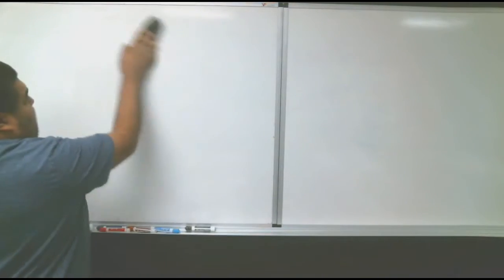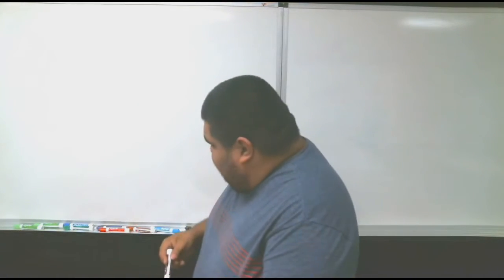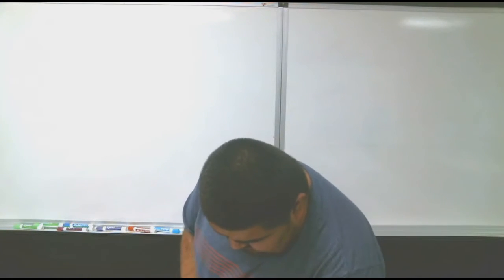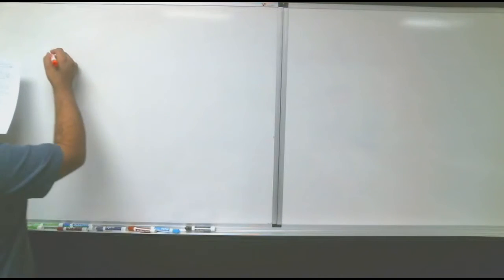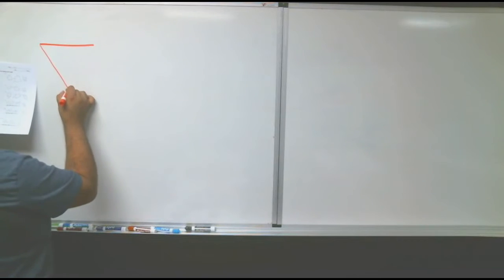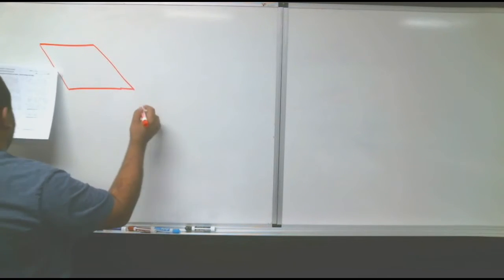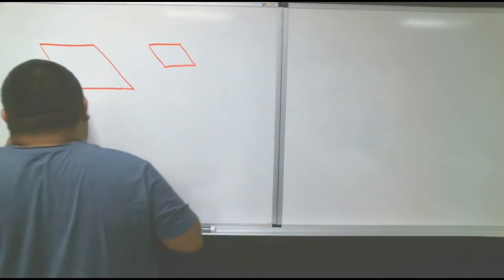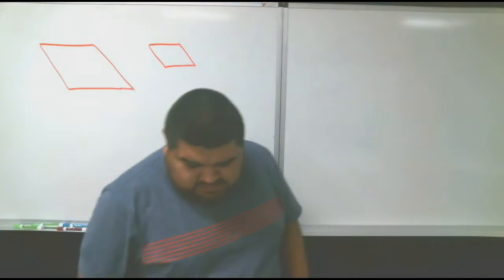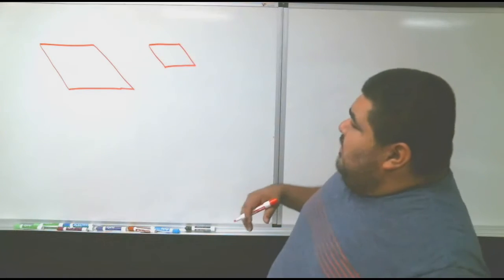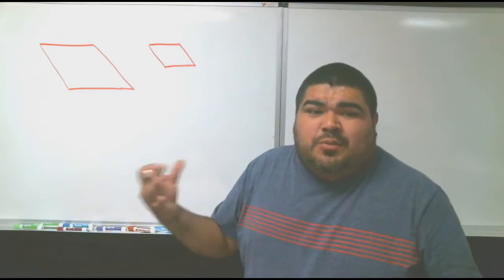Remember guys, always use the same sides. So for our second one, if we have these two, I would say parallelograms, because they're not necessarily parallelograms, but we have these two slanted squares, should I say.